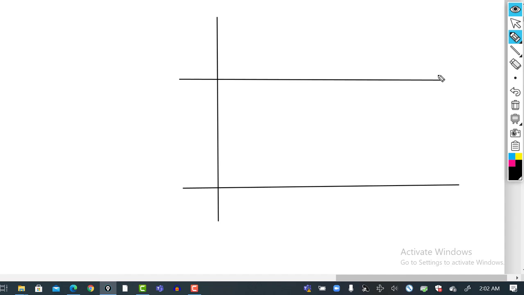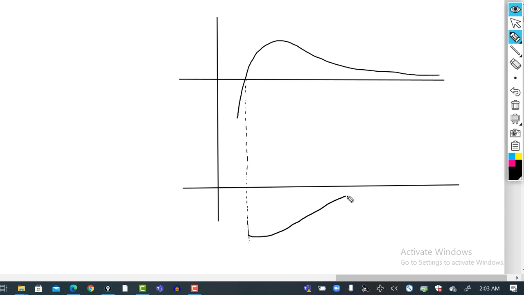Force is going to change something like this, and the energy is going to be something like this.